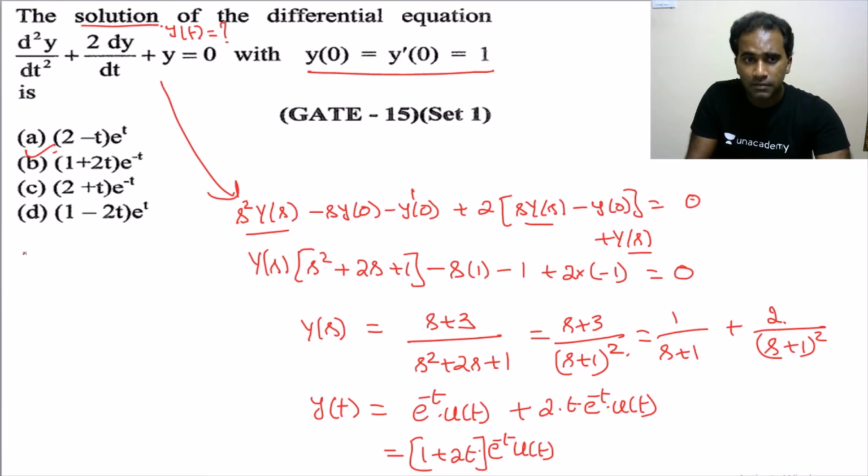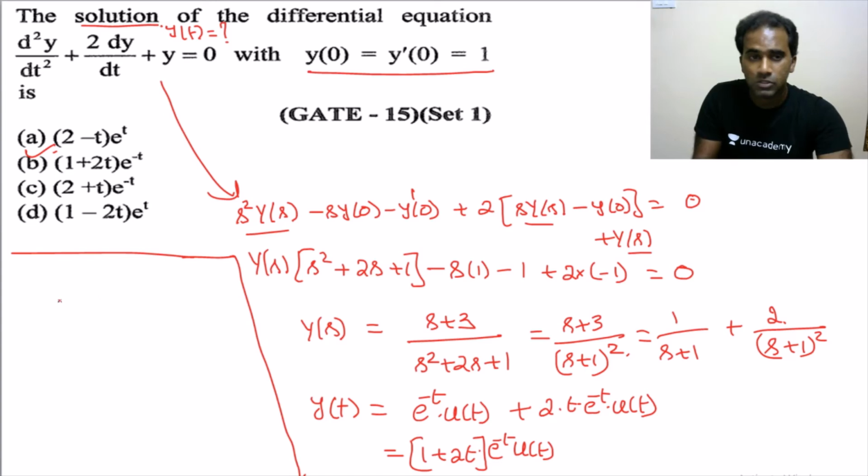You might have got confused here in finding the inverse Laplace transform of 1 by s plus 1 whole square. I'll just recollect. The Laplace transform of u of t is 1 by s, and the Laplace transform of t into u of t, or r of t, is 1 by s square.